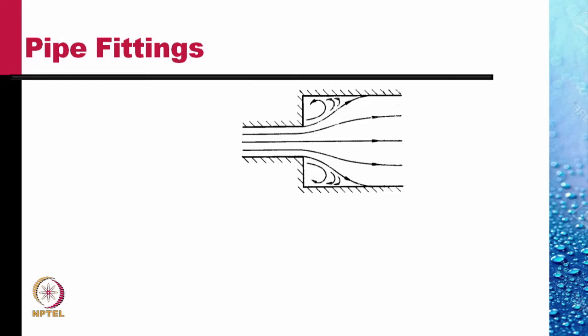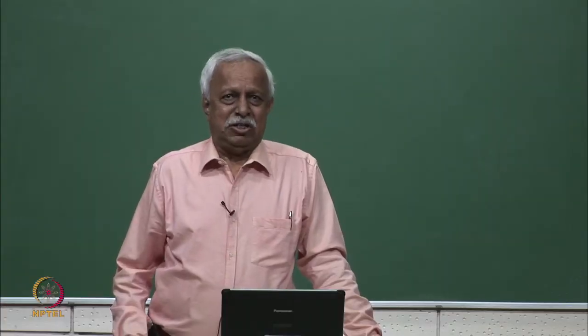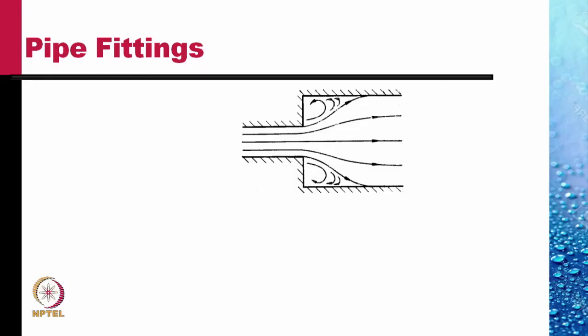I end this lecture with a description of two pipe fittings. One is in which there is sudden increase in the cross section of the pipe, sudden expansion of the pipe. The flow tends to expand, but the flow separates at this region, developing an annular dead water region. The fluid in this region does not move forward, it's just recirculating there.